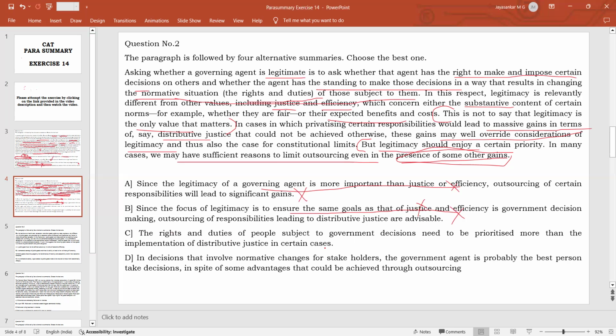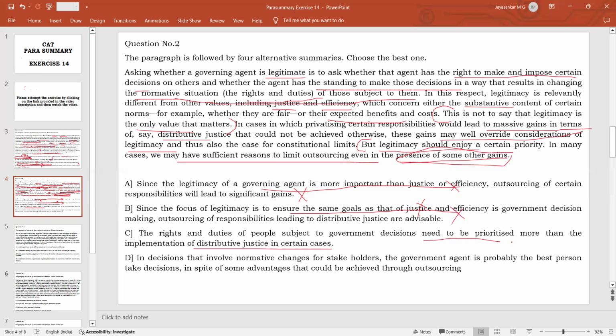So here legitimate decision-making authorities should give priority to the rights and duties. That is the first part. The passage says that when legitimate people are taking the decision, this will automatically be prioritized. So that part is okay, but more than the implementation of distributive justice in certain cases. Is this correct?